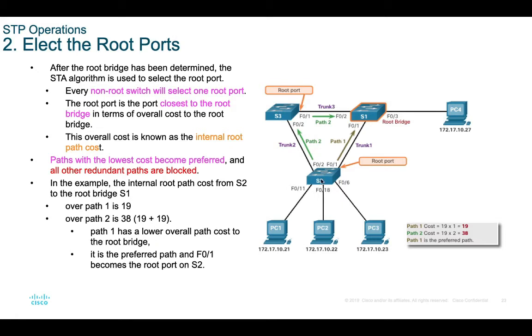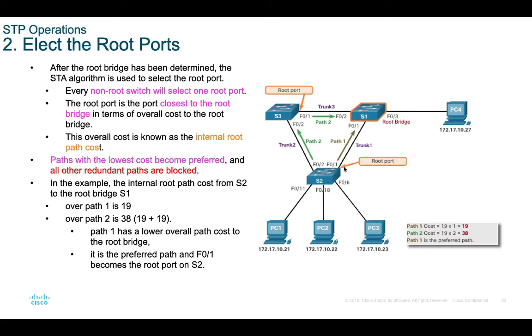For switch 2 here, which port will become a root port? A root port is actually a port that goes toward the root bridge with the lowest cost. So switch 2 needs to know the cost. If they go to path 1 here, the connection is a Fast Ethernet. Fast Ethernet, the cost is 19.